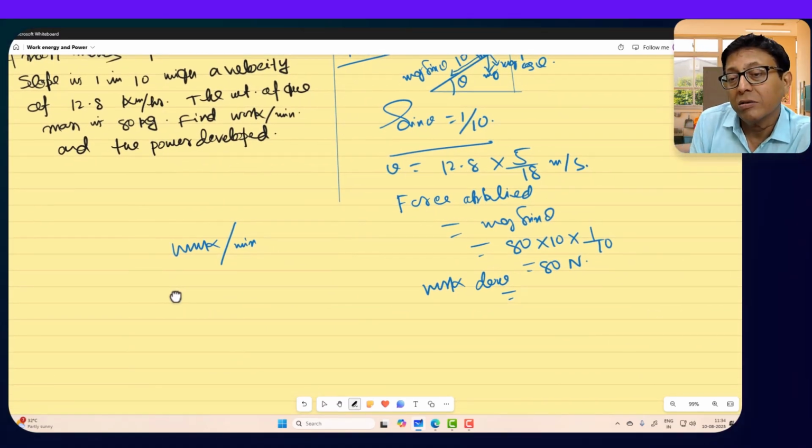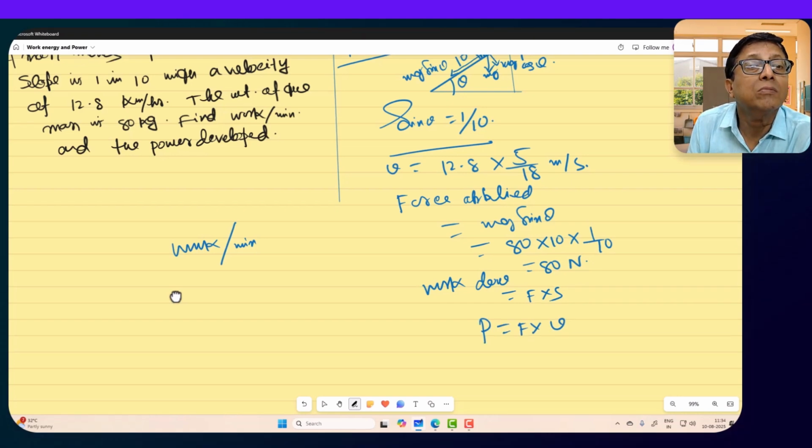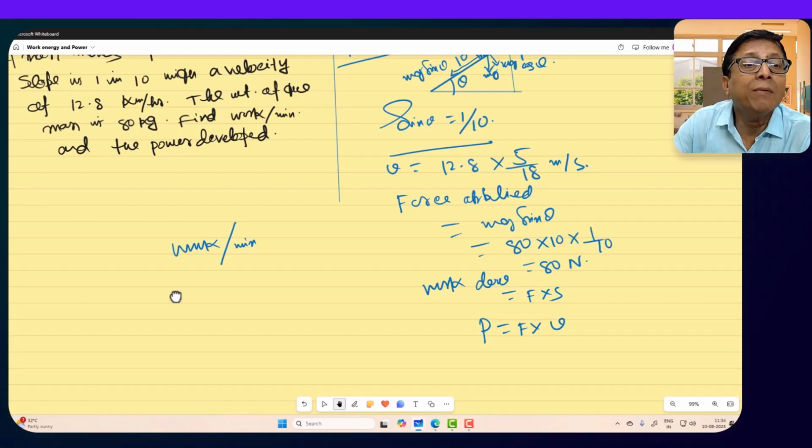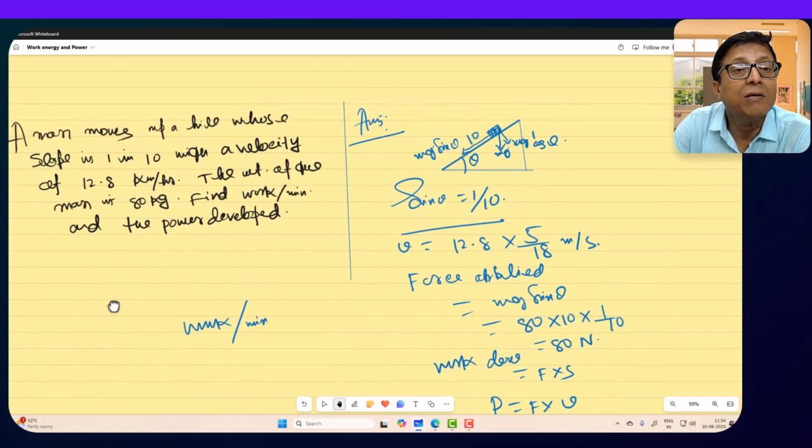Power is F into V, you know. Here V is known. Power developed we have to find.